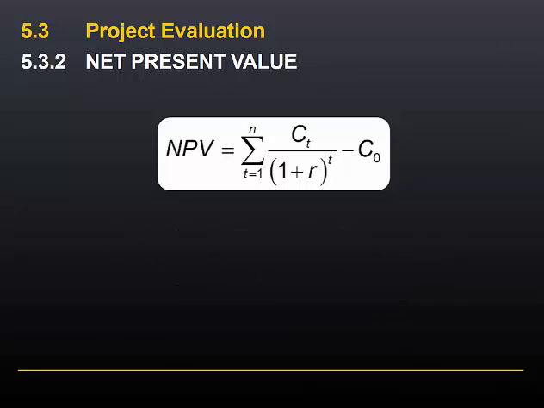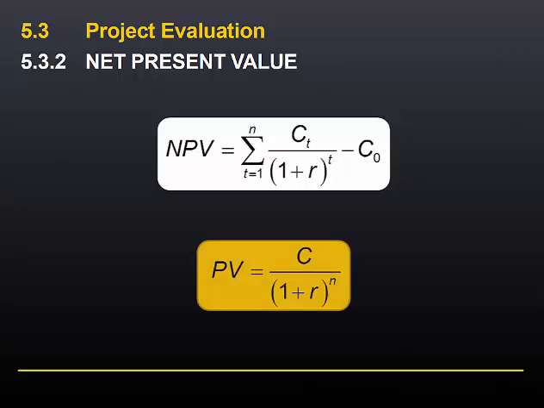However, any formula expressed this way is not of practical use for performing calculations. To put it into practice, we just have to take each future cash flow and discount it to a present value, using the formula for the present value of a future cash flow. We encountered this formula in the topic on financial mathematics.